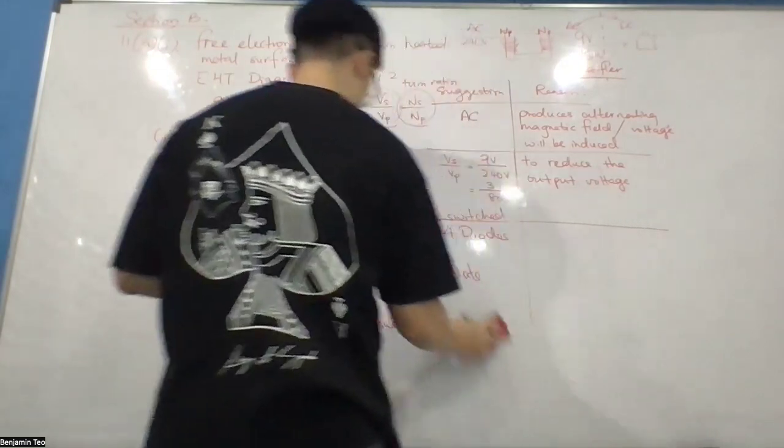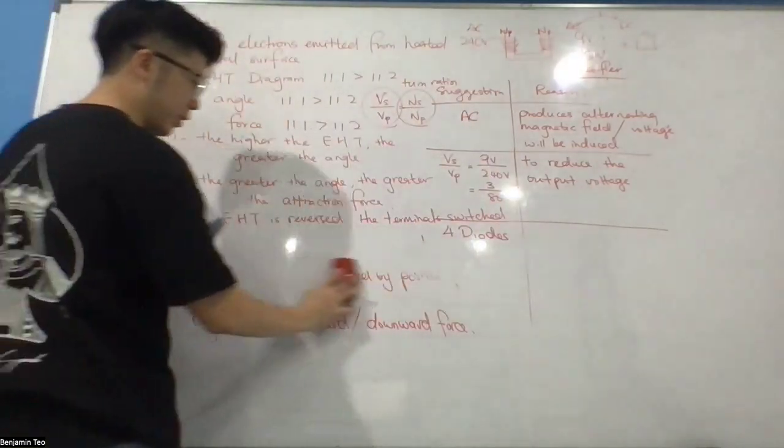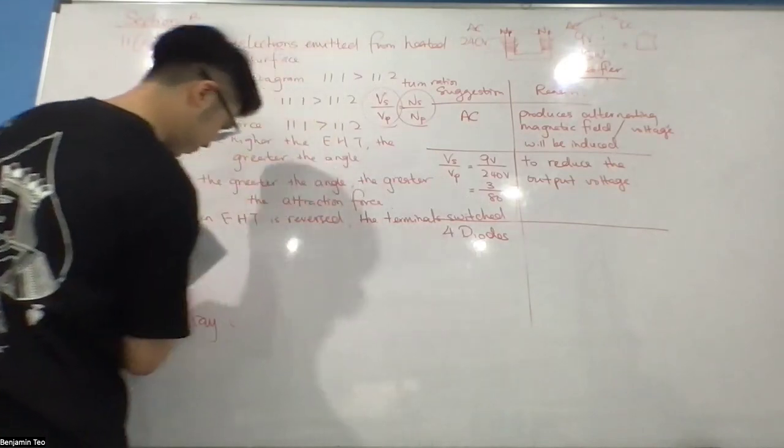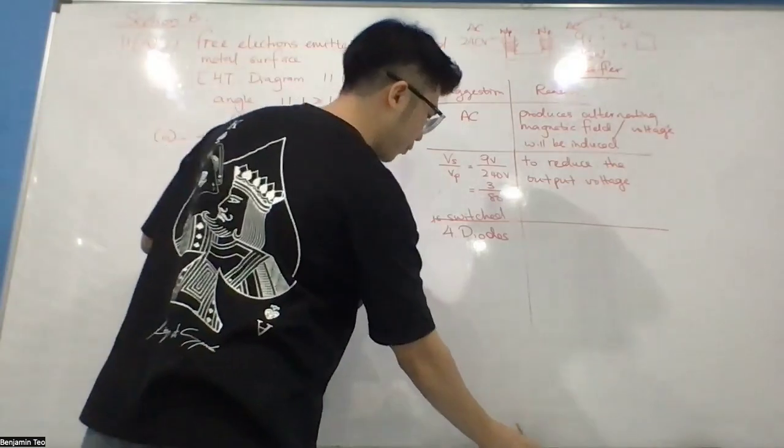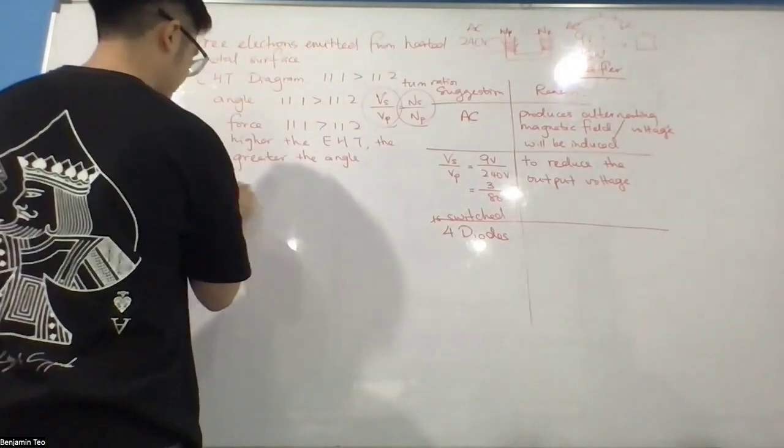If I want to draw, this one is in your electronics chapter. How does the rectifier look like, using 4 diodes?